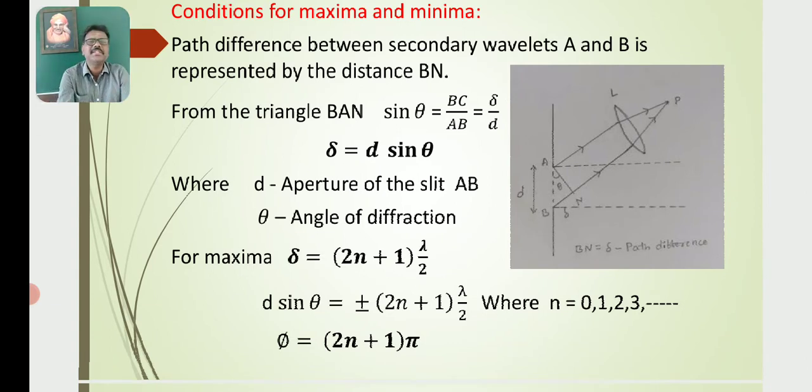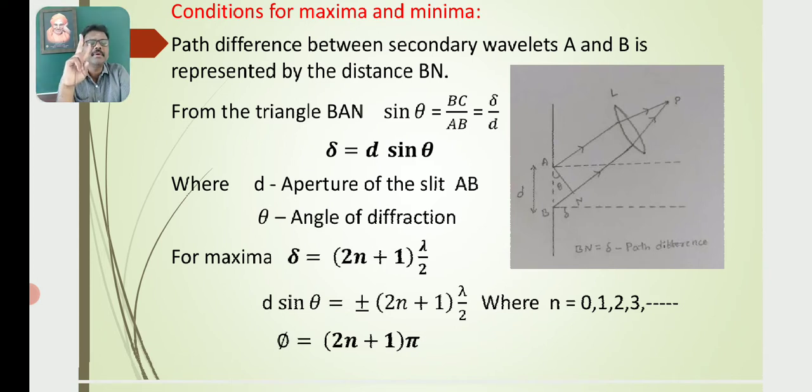Then, what are the conditions for maxima and minima? Now you see the diagram. AB indicates a slit, D indicates the width of the slit, and AN is the perpendicular drawn to BN.